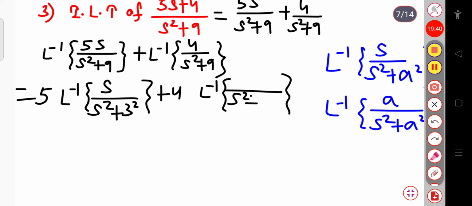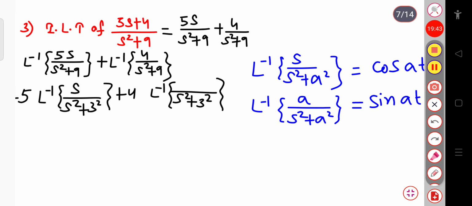Now I have to compare the first term with this: the Laplace inverse of s divided by s square plus a square, where a equal to 3. So this will be cos 3t. So this is equal to 5 into cos 3t.